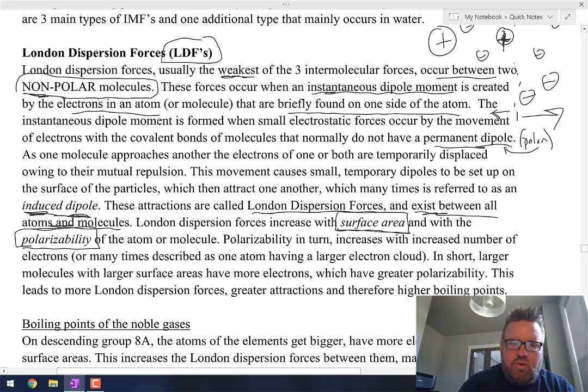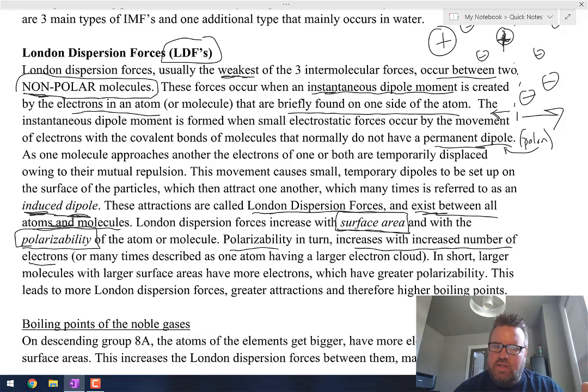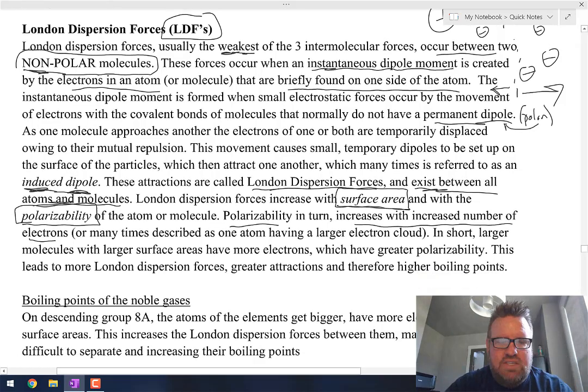Okay, so polarizability increases with an increased number of electrons. Okay, so when one atom has a larger electron cloud, which means it has more electrons, that means it's more polarizable. And the more polarizable the atom is, the more likely it is to have the more electrons on one side than the other.